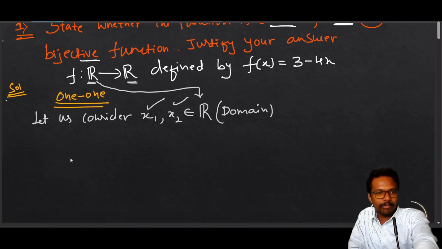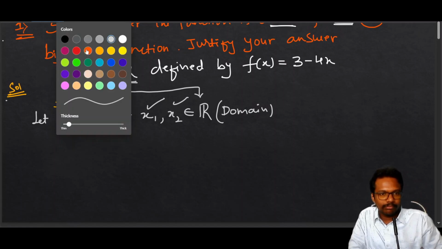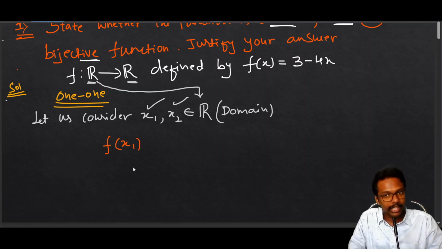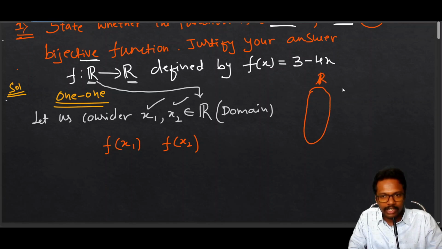Next my aim is to see: if x1 exists in the domain, there will be an element f of x1 in the codomain, in the range. If x2 exists in the domain, for that element there will be a range value f of x2 in the codomain. Here this is the domain R, this is the codomain R. For x1 we get f of x1, for x2 we get f of x2.